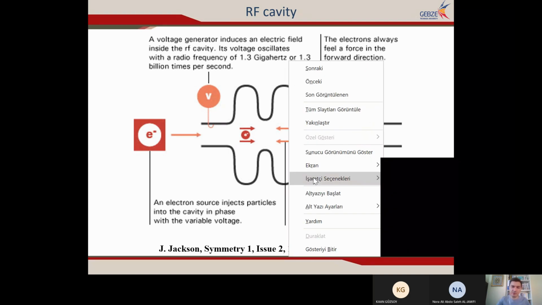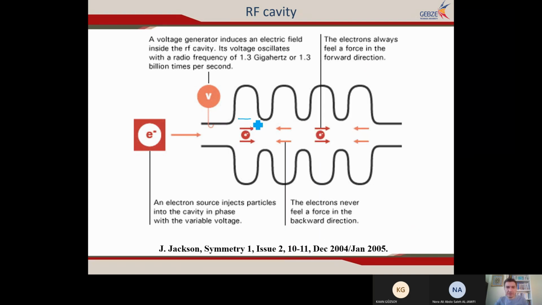So let me draw something here. There is a force acting on the electron in this direction, but here we have the opposite. Since we are using an RF voltage source, whenever this electron or electron beam enters the second one, again we reverse the force and it becomes like this. So in the first case, the electron feels a forward force here, but here we have a backward direction.